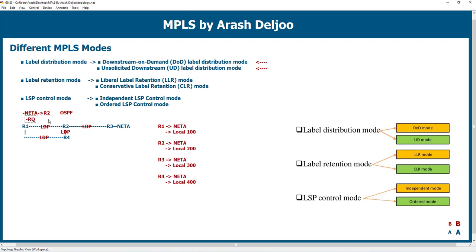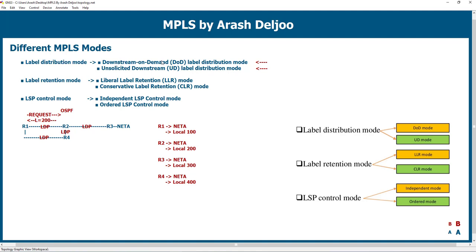This is a request that R2 advertise a label to R1. R2 receives the request for the label of net A and advertises its label, 200, to R1, and then R1 can use this label to forward the packet to R2.